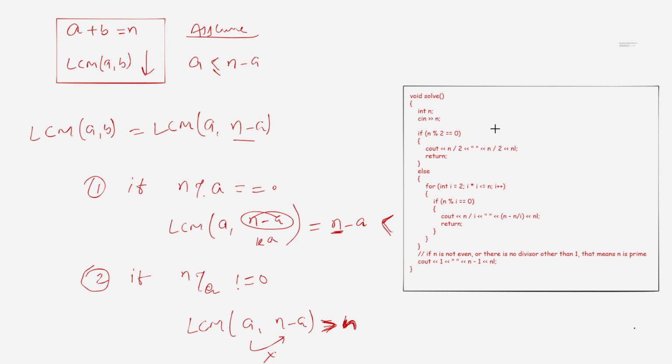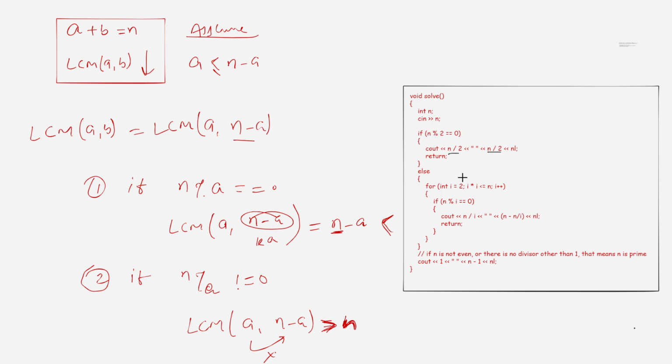See here, if n is even, although this was not necessary, in this case also we can find it, but if n is even, then n by 2 and n by 2 would be the answer, because the summation of these will give n.